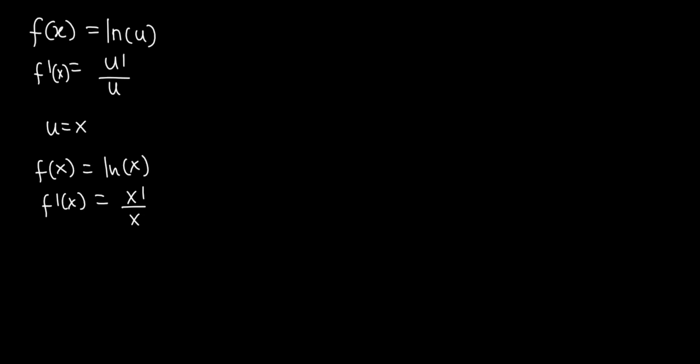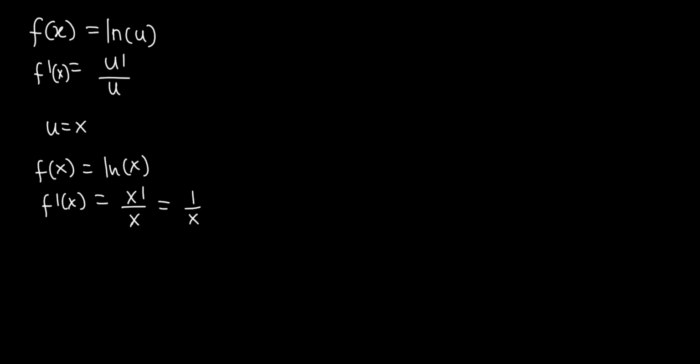And you know x prime would be 1, right? The derivative of x will give us 1, so that will give us 1 over x. So what that means is that the derivative of ln of x will give us 1 over x. So that's what we are supposed to do if you are to find the derivative of a natural log function.